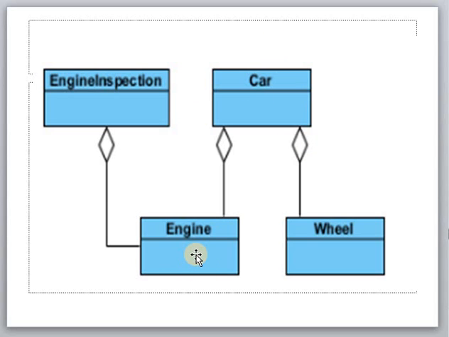The engine can live without a complete car, as well as a wheel can live without the whole car. So this type of relationship is the aggregation relationship, and the symbol for aggregation is this hollow diamond symbol towards the main class.